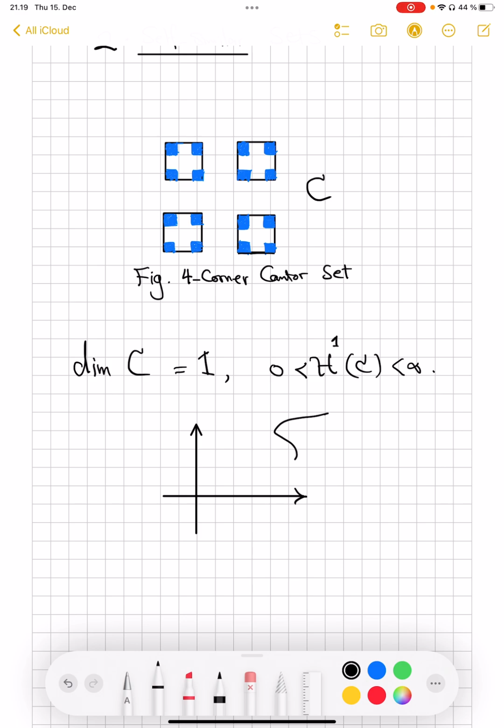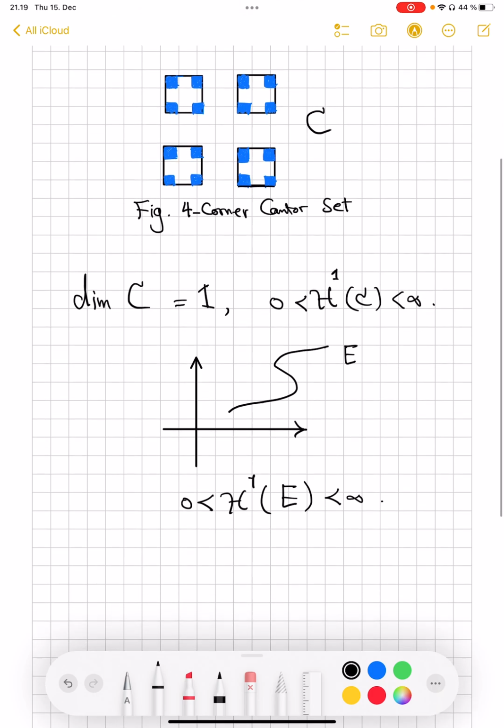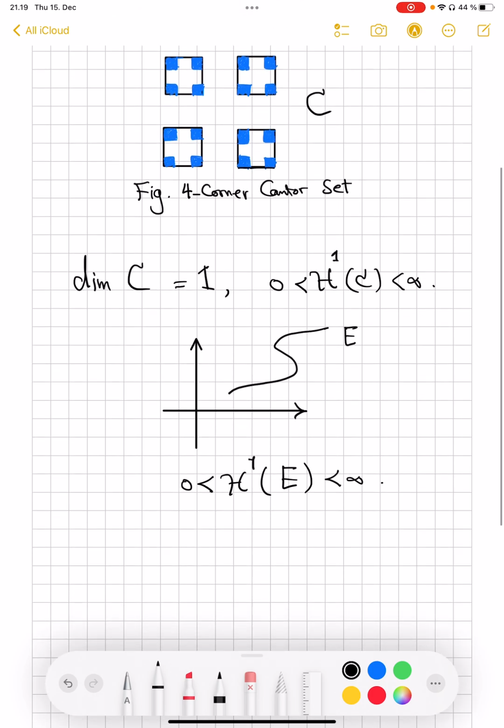Namely, if you have a C1 curve, then this also has Hausdorff measure 1, let me call this E, that is finite and positive. But then, if there's just this, we shouldn't regard these two sets really similar. E is very different from C in every aspect that we can imagine.